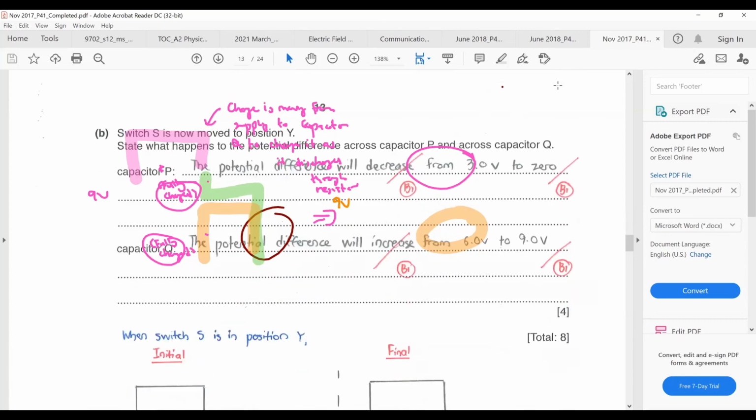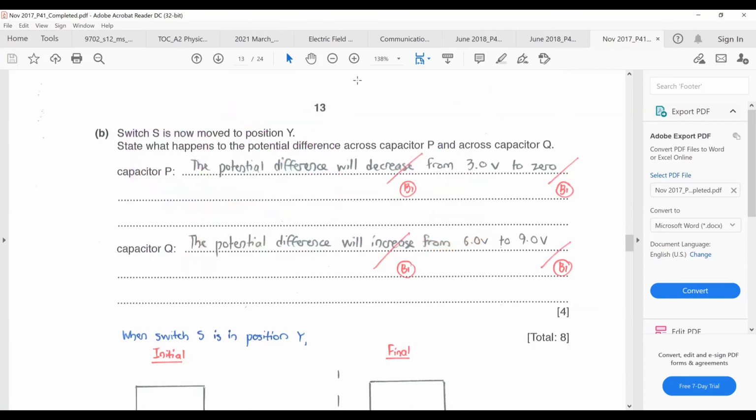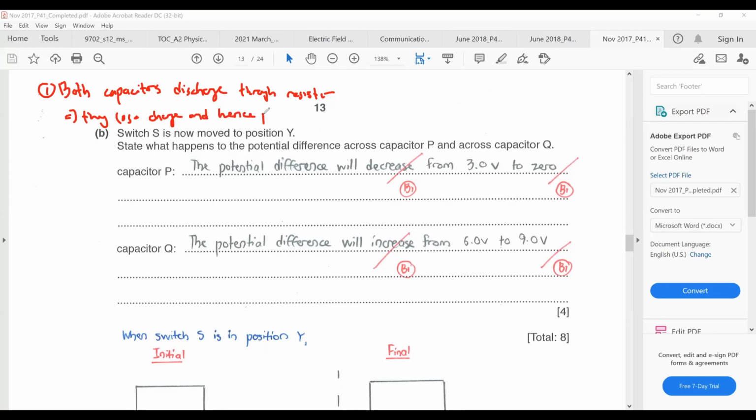So if I want to write it out, maybe I just write something like this now so it's easier to see. Both capacitors discharge through the resistor. They lose charge and hence PD.